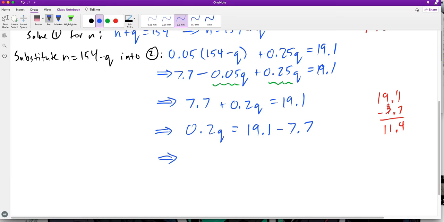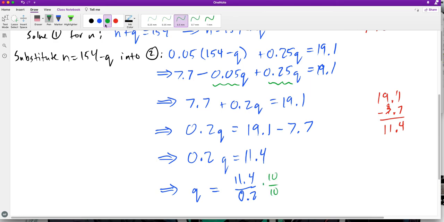So I have 0.2q equals 11.4. So if I divide both sides by 0.2, in other words 2/10, 11 and 4/10 divided by 2/10, I can simply multiply by 10 over 10, since those are both tenths, which gives me 114 divided by 2, and therefore I get 57 for q.